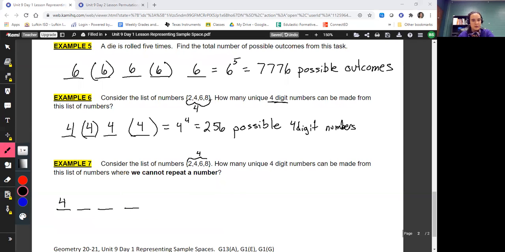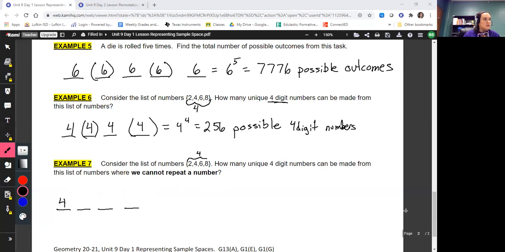So let me give you an example on this. Say we're drawing numbers out of the bag. We've got 2, 4, 6, and 8 in that bag. So we've got 4 different numbers to choose from for the first draw. Let's say that we drew the 6 on the first one. For the second draw, we only have 3 numbers left to choose from.